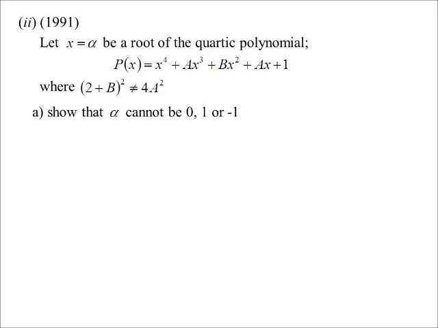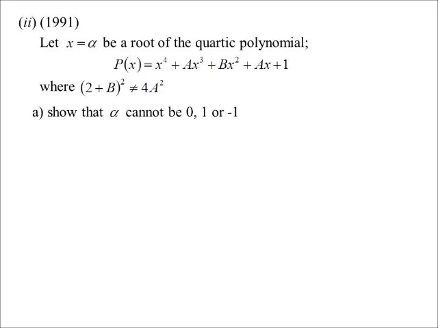Now, I don't know whether they intended that or not, but I thought that was kind of neat. But where 2 plus b squared is not equal to 4a squared. And you're probably looking at that and thinking, well, of course. Fancy even suggesting that (2 plus b) squared could equal 4a squared. We'll find out in a second why that's important.